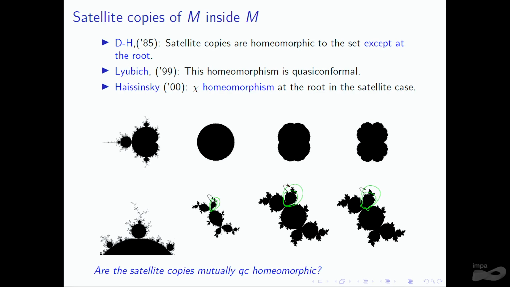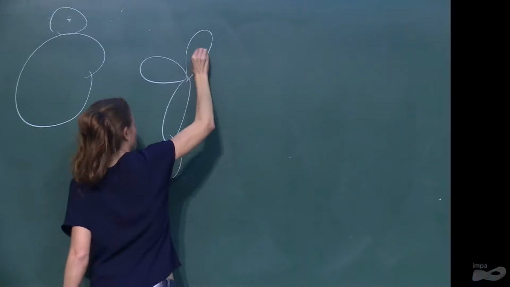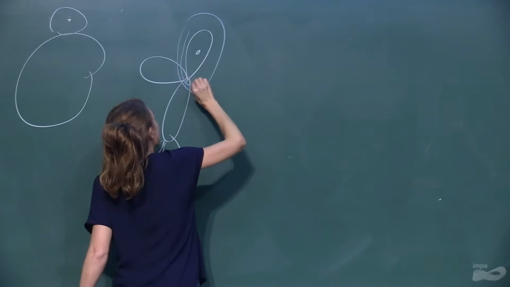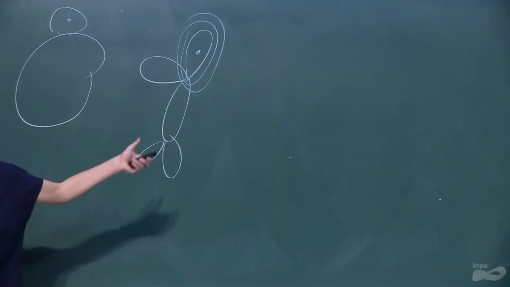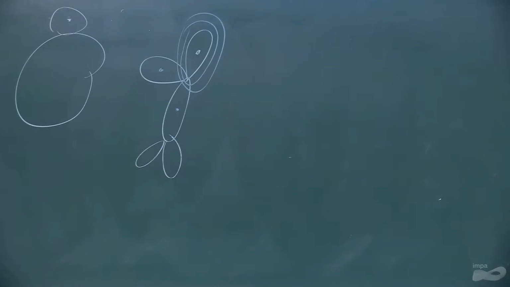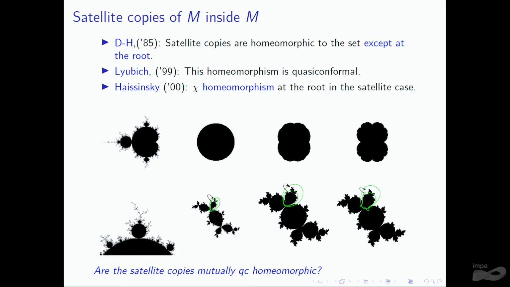I know that everything is there, but I will draw it again here. So here we have my Douady rabbit, which is very thin. And I can take my polynomial-like mapping restriction. Then, the closer I get to the root, the more this period 3 cycle gets closer and closer to the alpha fixed point.